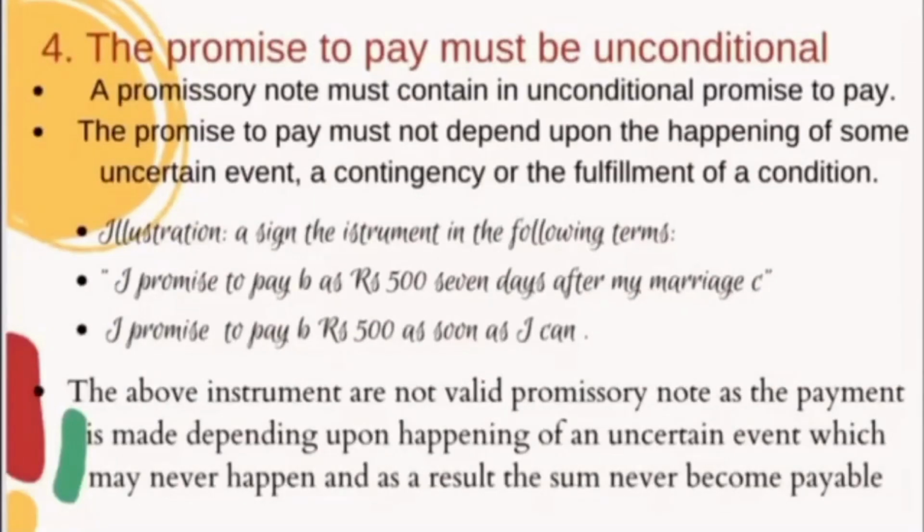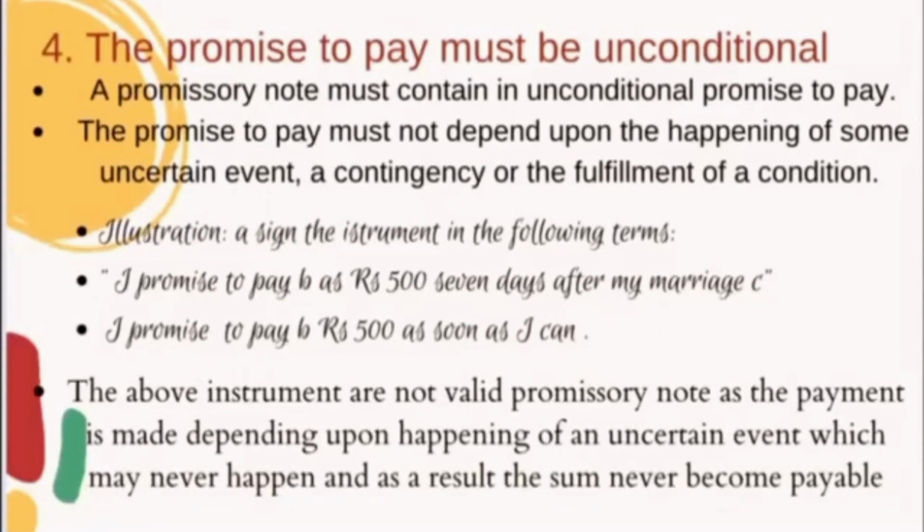Number 4. The promise to pay must be unconditional. The promise to pay must not depend upon the happening of some uncertain event, a contingency, or the fulfillment of a condition. So here are illustrations and examples. I promise to pay B Rs 500 7 days after my marriage, and I promise to pay Rs 500 as soon as I can.